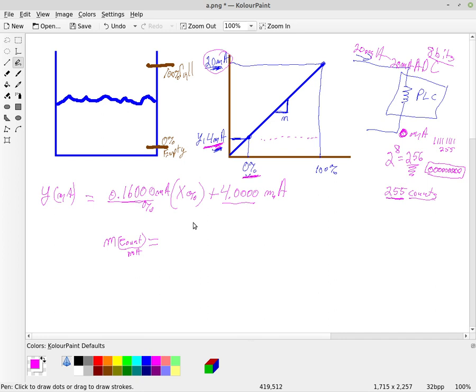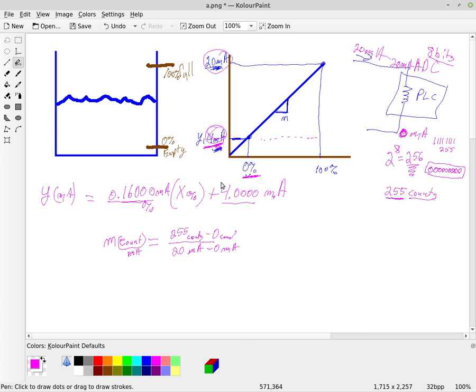All right, so since our PLC is going to read from 0 to 20 milliamperes, no matter what the sensor is giving us, it really doesn't matter that the sensor is only going from 4 to 20. So we're going to have 255 counts minus 0 counts divided by 20 milliamperes minus 0 milliamperes.